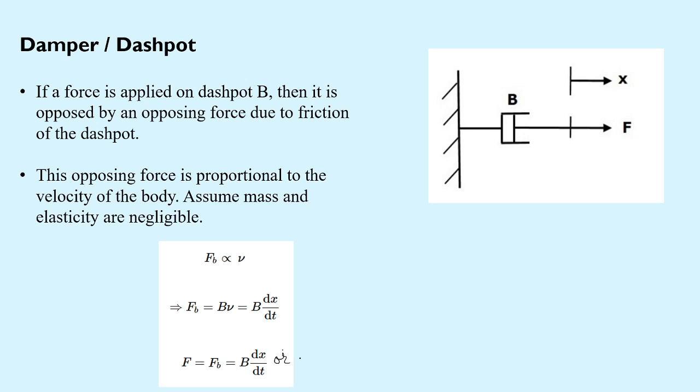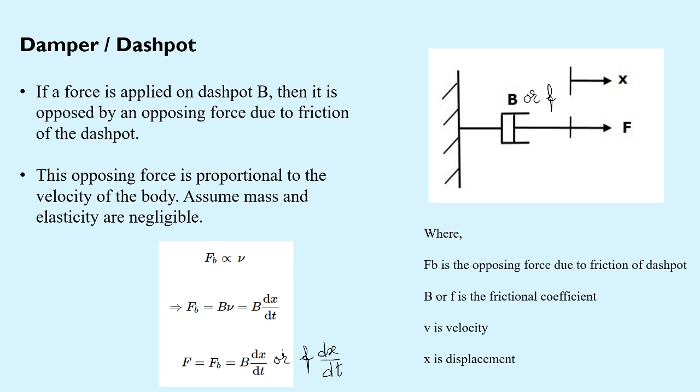The damper is denoted by v or small f, where this v or small f is the frictional coefficient, v is the velocity, and x is the displacement.